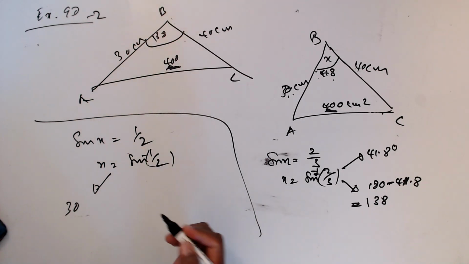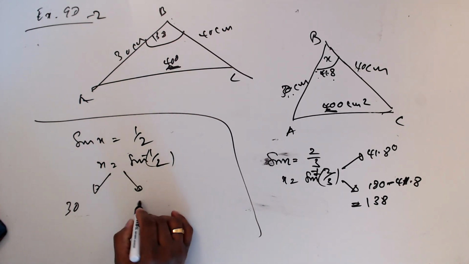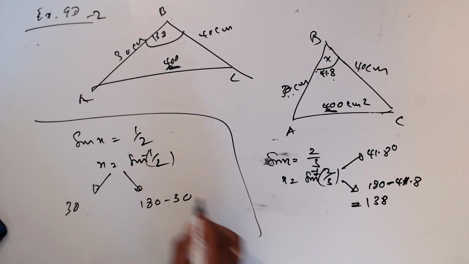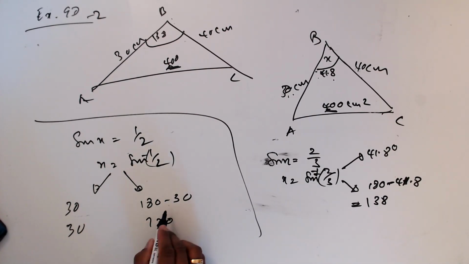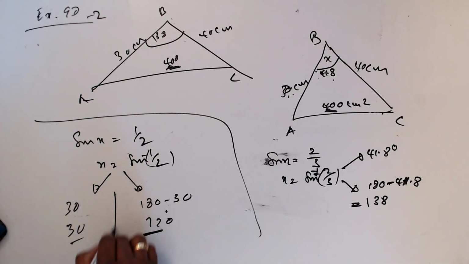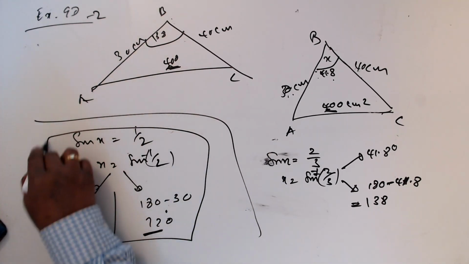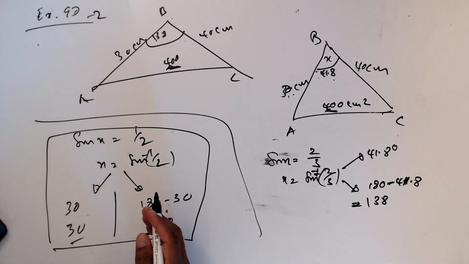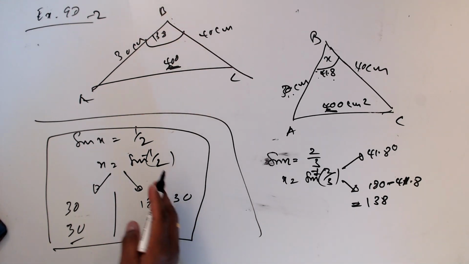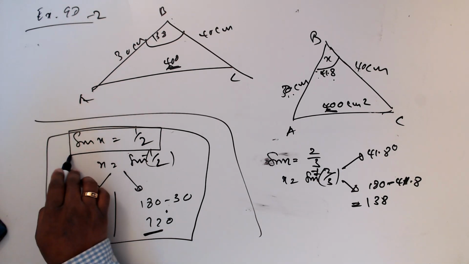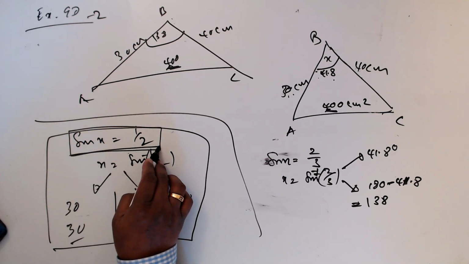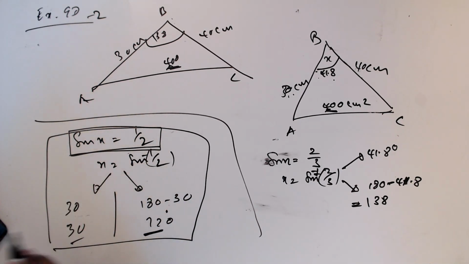You can get it from the calculator. The other one is 180 minus 30, which is 150 basically. Two answers. For the time being, that's all you need to know. And from the next chapters, we are going to discuss how to solve trigonometric equations like this and why there are two answers.